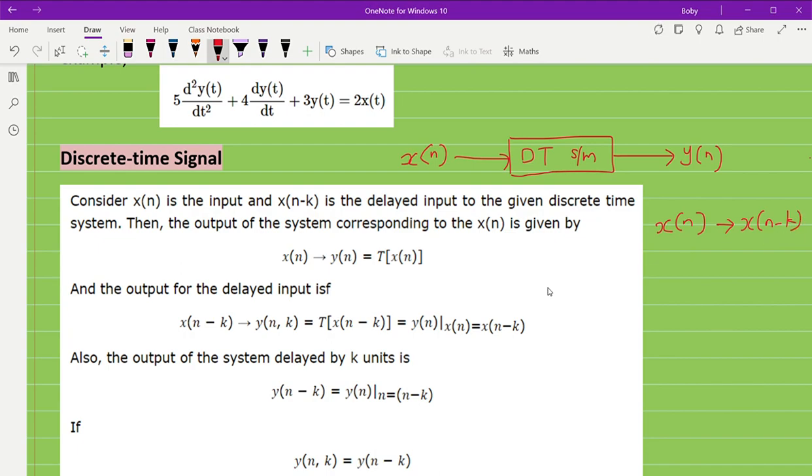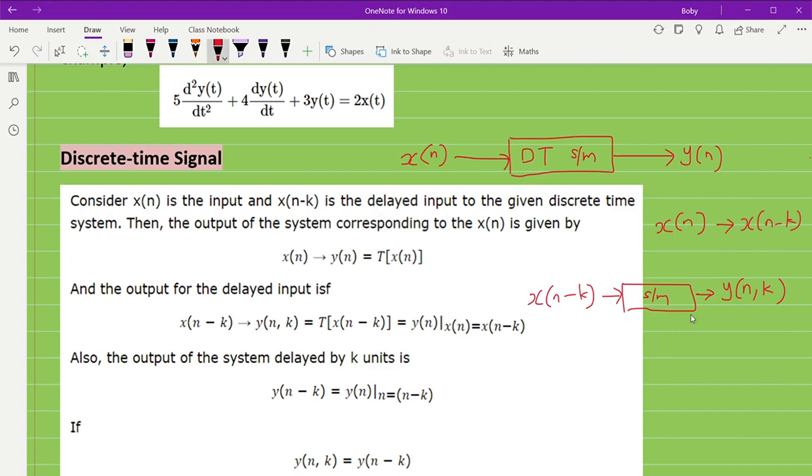If we give this delayed input x of n minus k to the system, the output we get is represented as y of n comma k.